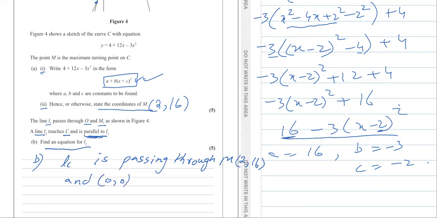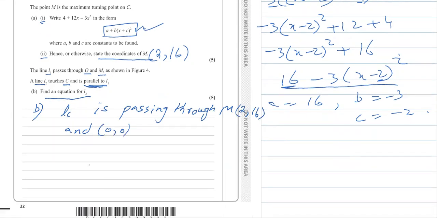So what will be the gradient of L1? If you take this as x1, y1, and this as x2, y2, the gradient is y2 minus y1 over x2 minus x1. So that will be 8. The gradient of L1 is 8.